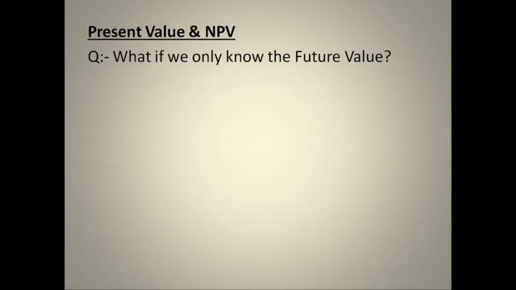Okay, moving ahead. Now let's make things a little bit complicated. Suppose we only know the future value. There is a question in the exam and you just know the future value. So how to find the present value for such types of sums?